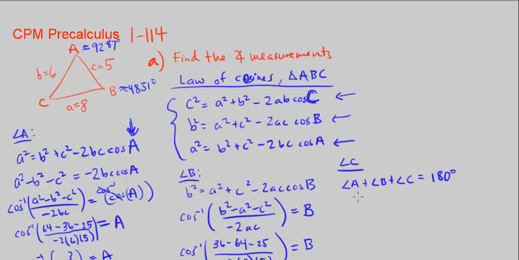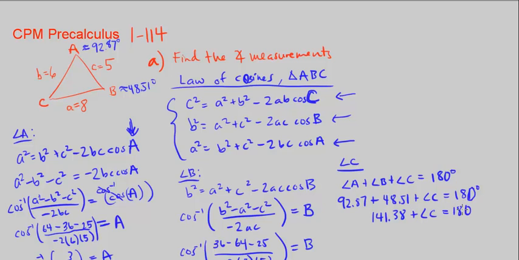Okay, so angle A we found was over here is 92.87. Angle B is 48.51. Angle C, I'll leave like that, is equal to 180 degrees. Okay, 92.87 plus 48.51 is 141.38 plus angle C is equal to 180.